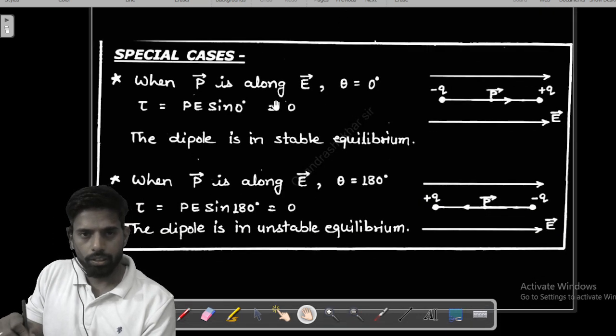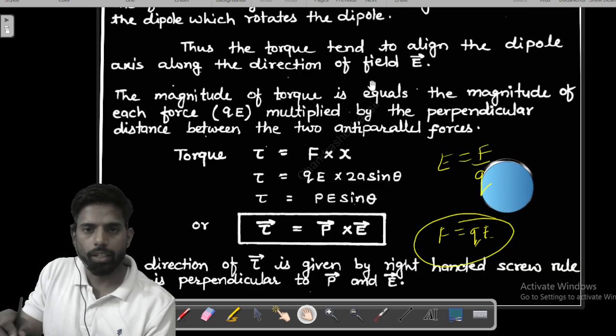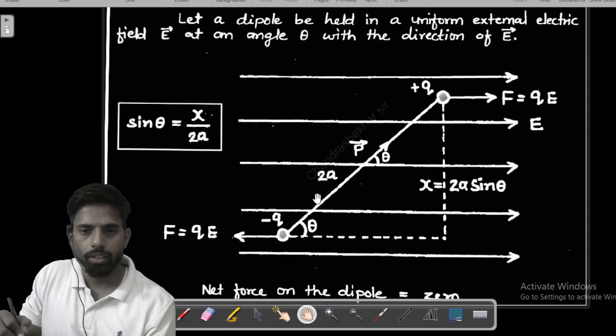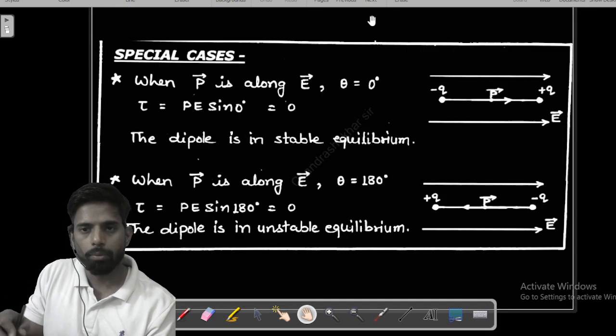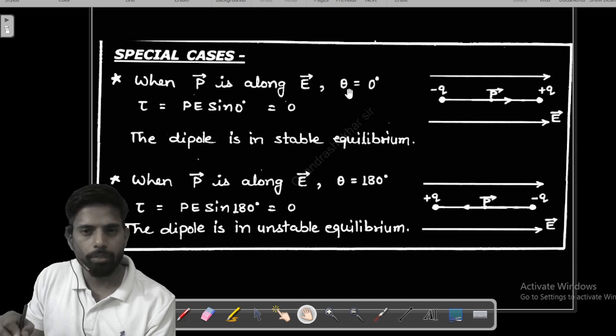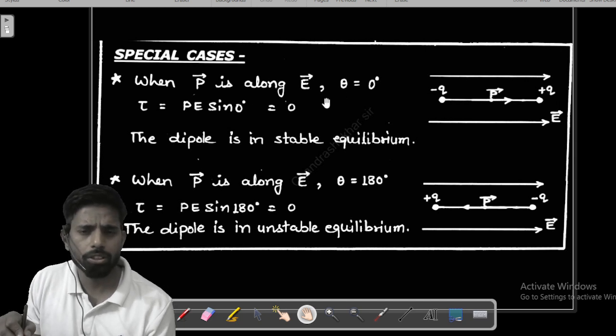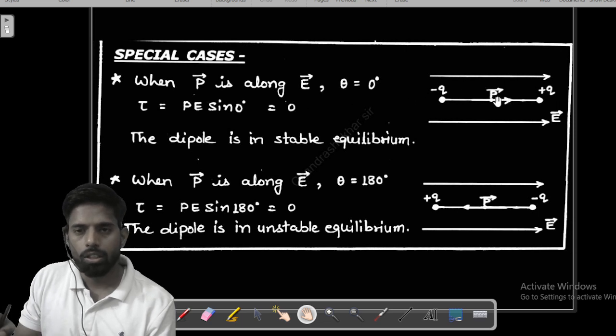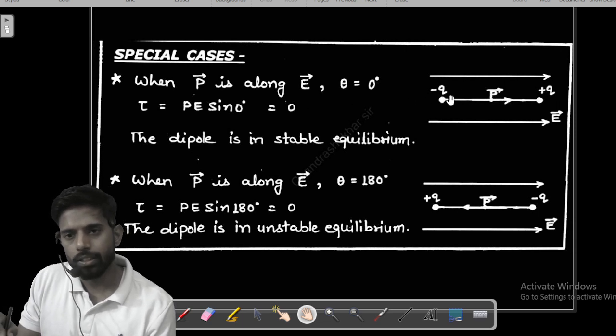So there are 2 cases if we place a dipole in a uniform electric field. One is the stable case and another one is the unstable case. Stable equilibrium means the torque experienced will be 0. So when the torque is 0, we put the dipole in such a way that dipole moment direction and electric field are both in the same direction.